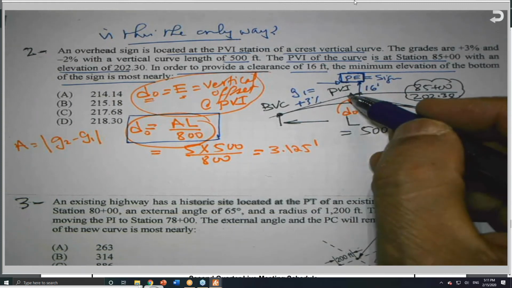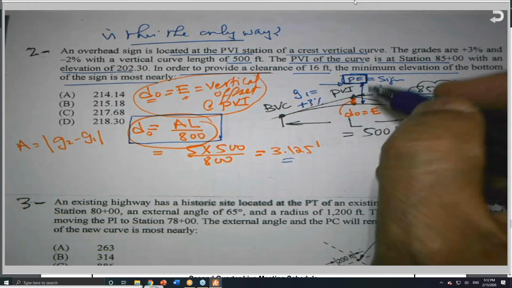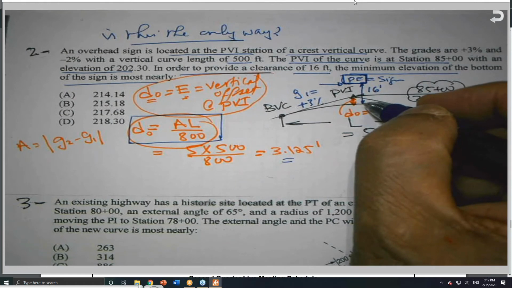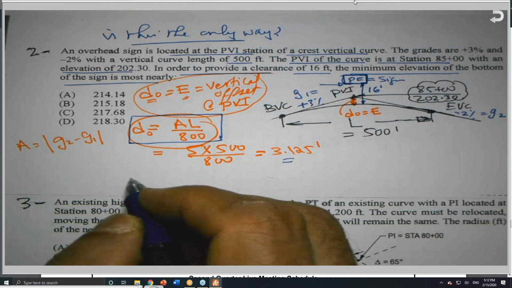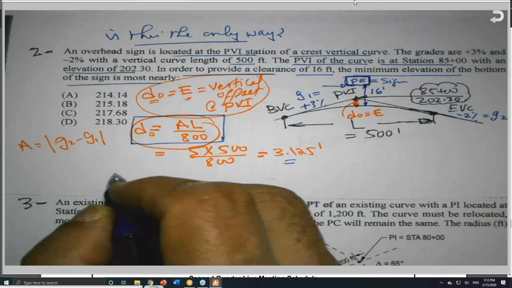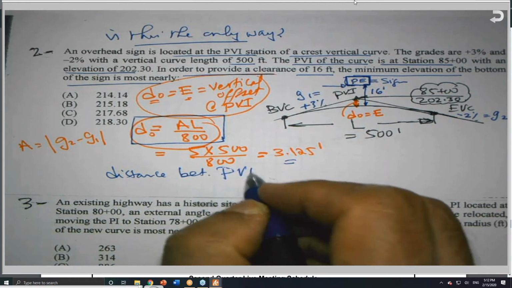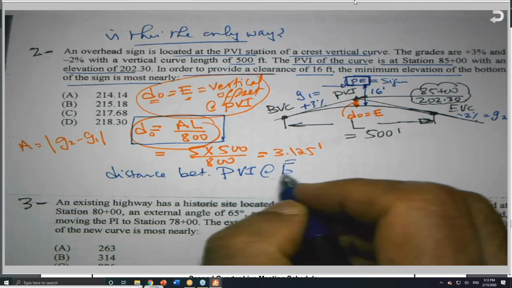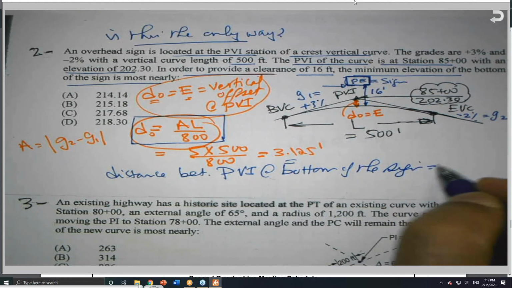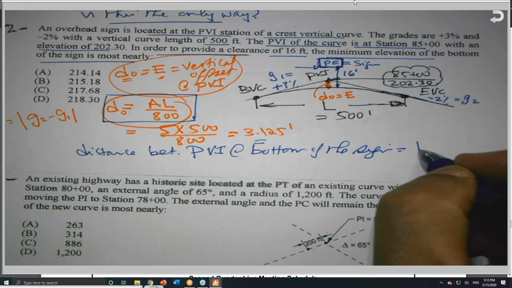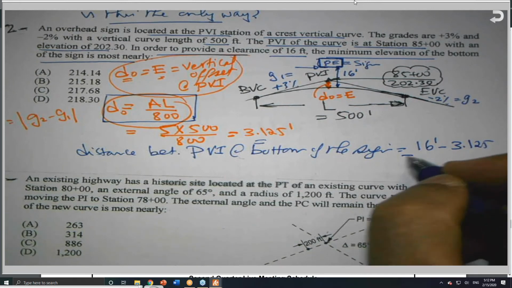Since I know this distance from here to here is 3.125, and I know the total distance to be 16, what is the remaining distance between the PVI and the bottom of the sign? It is equal to the difference, 16 feet minus 3.125 feet.